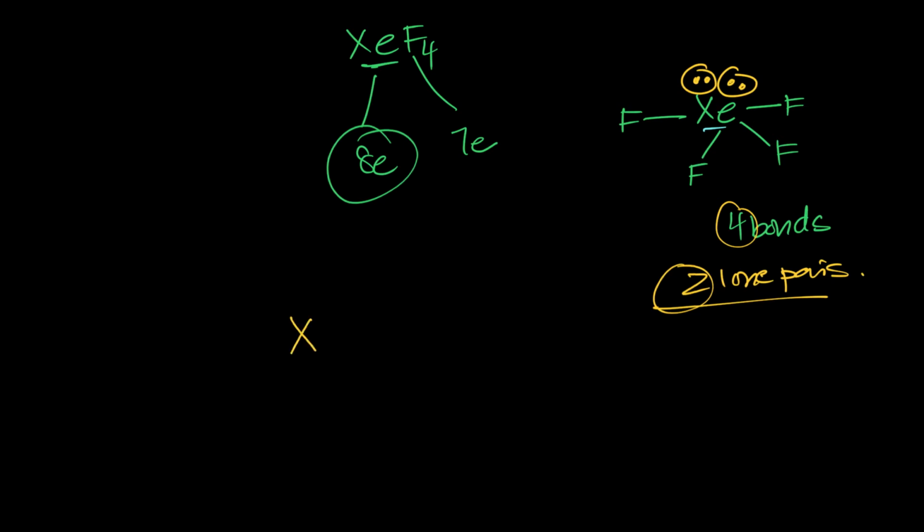Octahedral. So it's supposed to be 1, 2, 3, 4, 5, and then 6. My octahedrals always look ugly. Anyways, so these are 6 of them. अब इनमें से 4 bond होने, 2 lone pair होने.